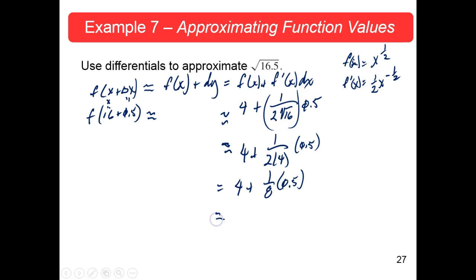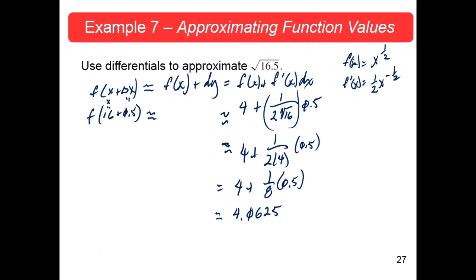Now you can do that on a calculator, you can do it in your head, you can do it anywhere you want to, but what does that give you? 0.625.